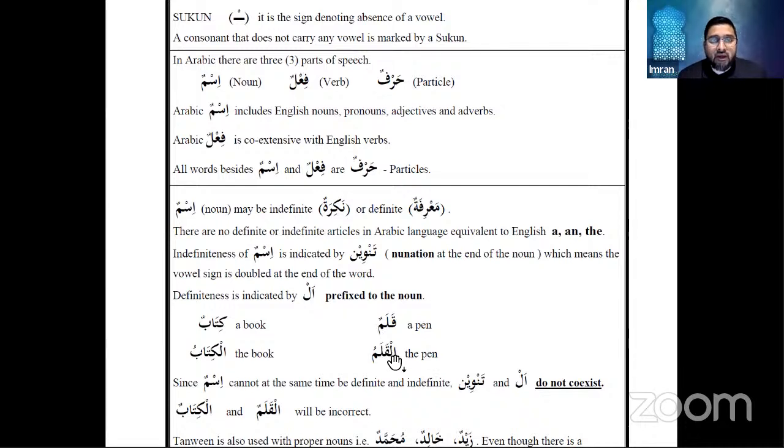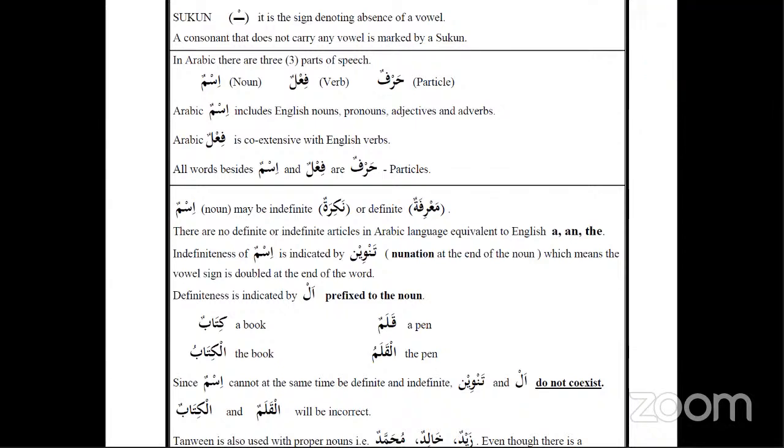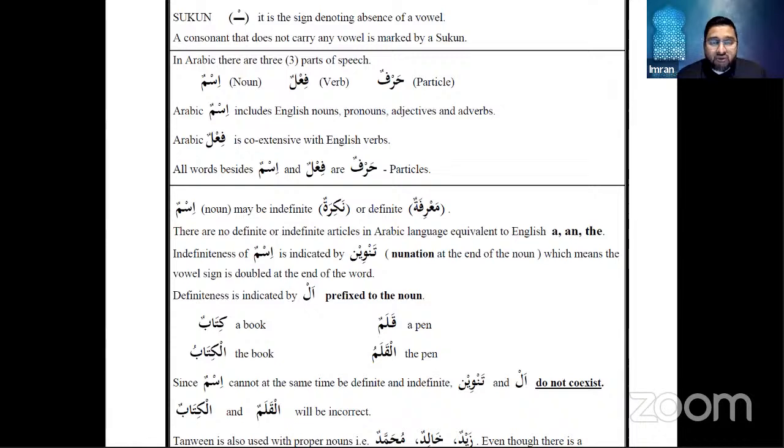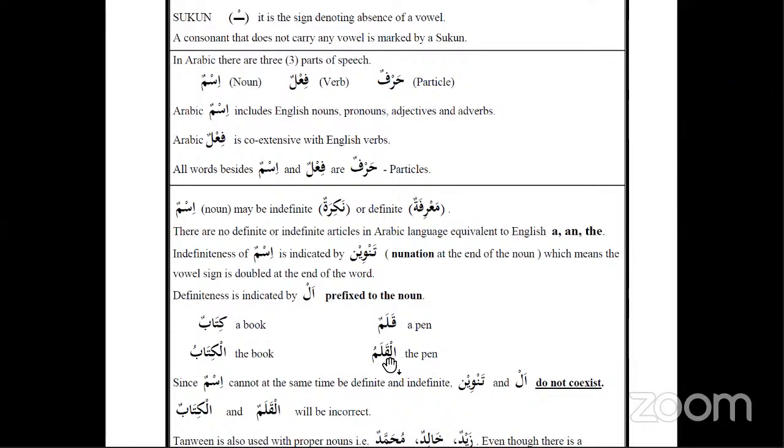That's the reason why the subject of a sentence starts with alif lam, or a pronoun, or a demonstrative pronoun like hada. These words are able to start a sentence as a subject of a nominal sentence.